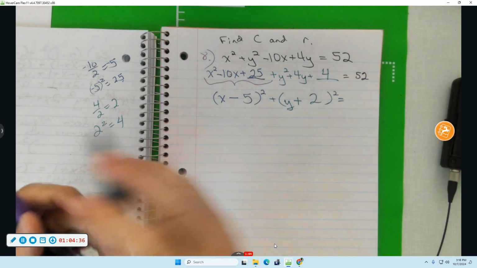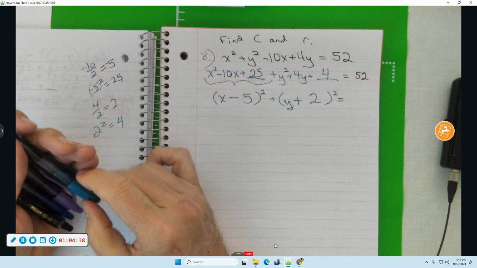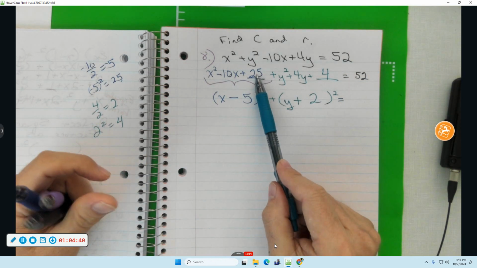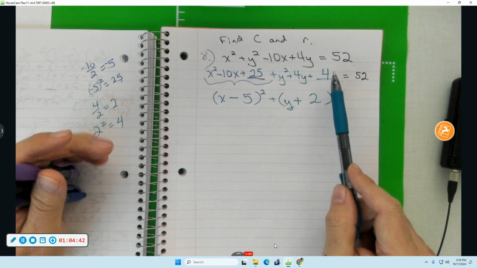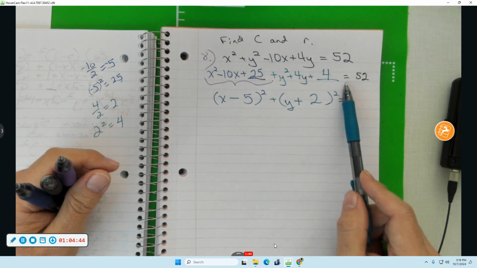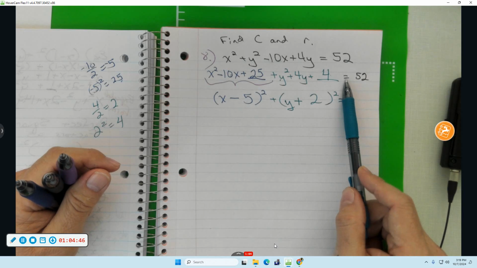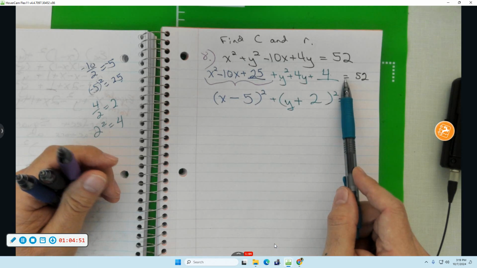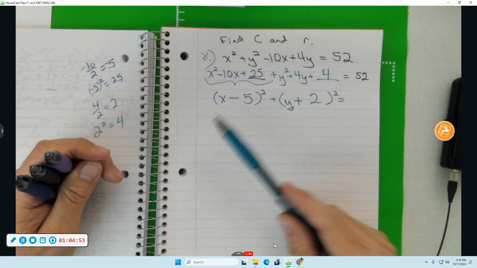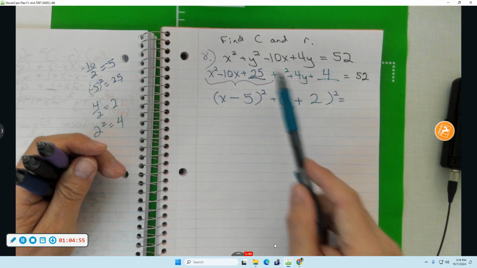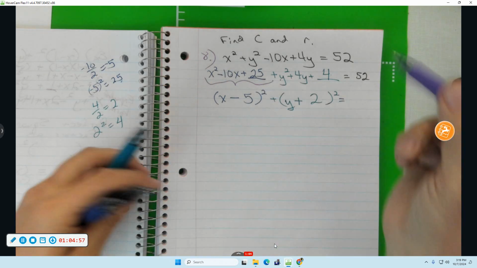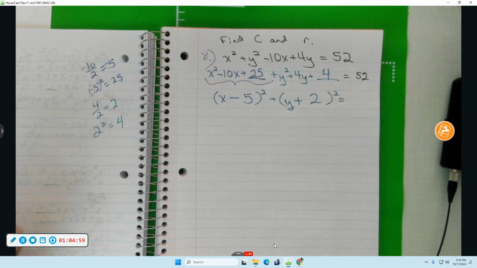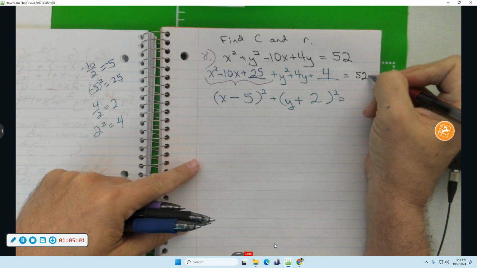There's a major problem algebraically, though. We just added 25 to the left side. We added 4 to the left side. This is an equation. Whatever you add to one side, to maintain that equality, what are you going to have to do? Add it to the other side. So that 25, we're going to add to the right side.